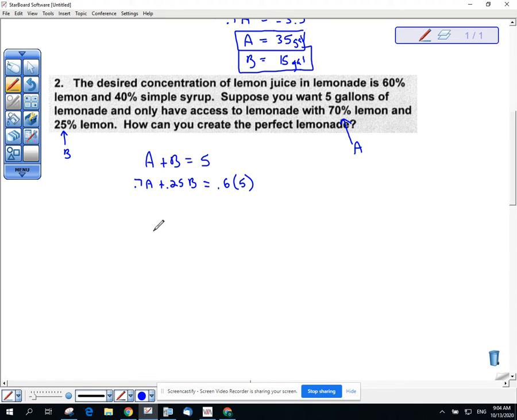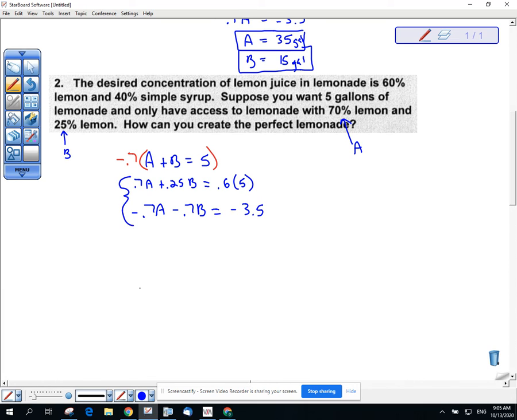And I guess just to be different, let's go ahead and do elimination this time and multiply through this top one. We'll eliminate the A values. Actually, let's make it negative 0.7. Multiply this equation by negative 0.7, and what we'll get is negative 0.7A minus 0.7B is equal to negative 3.5.